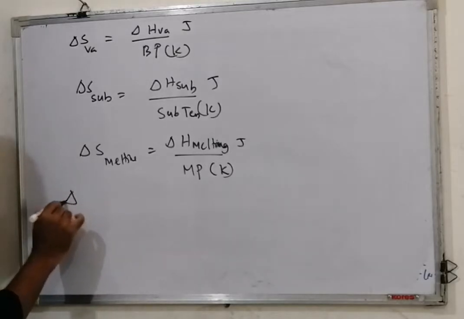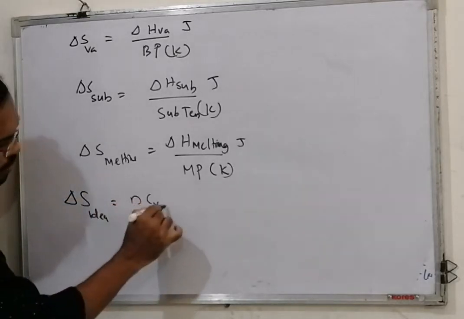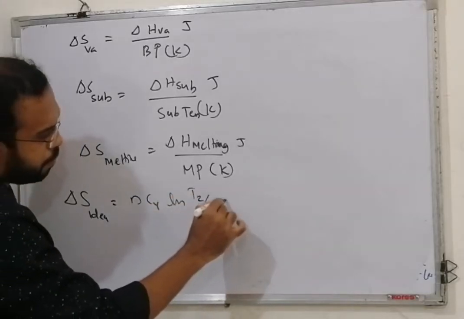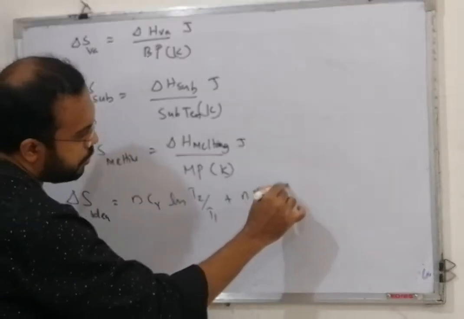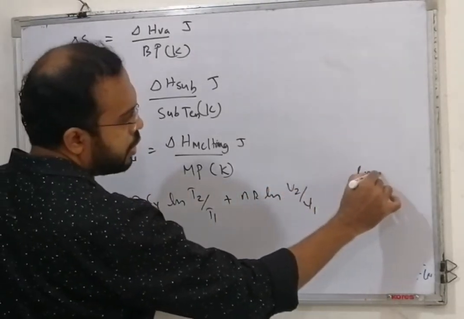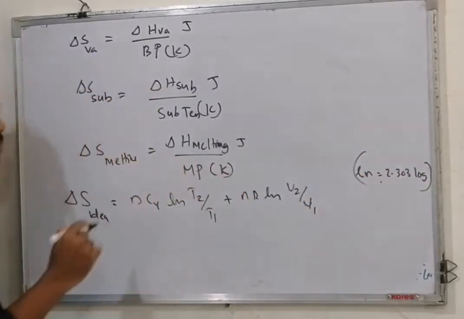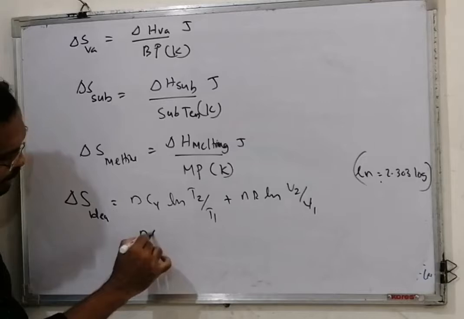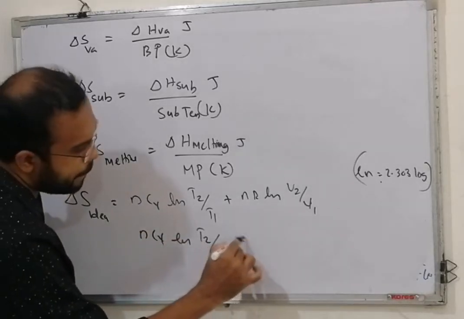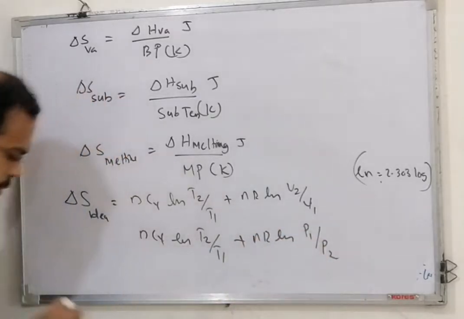Now, delta S for ideal gas: NCV ln T2 by T1 plus NR ln V2 by V1, ln is equal to 2.303 log, or NCV ln T2 by T1 plus NR ln P1 by P2.